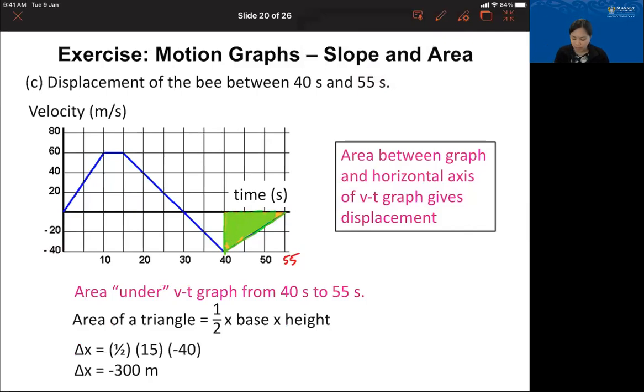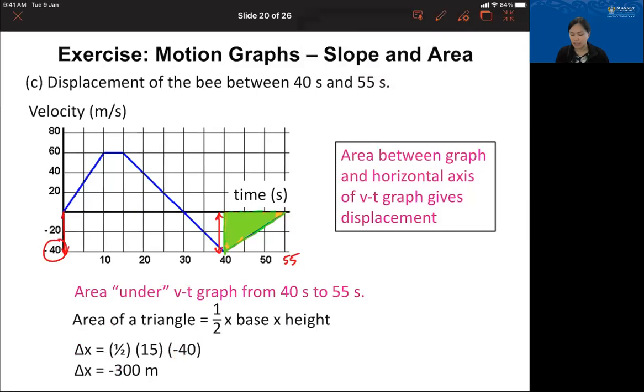And that would be a negative displacement because the area you're calculating is below the horizontal axis. If you've included the negative sign in calculating the height, that's a negative 40.